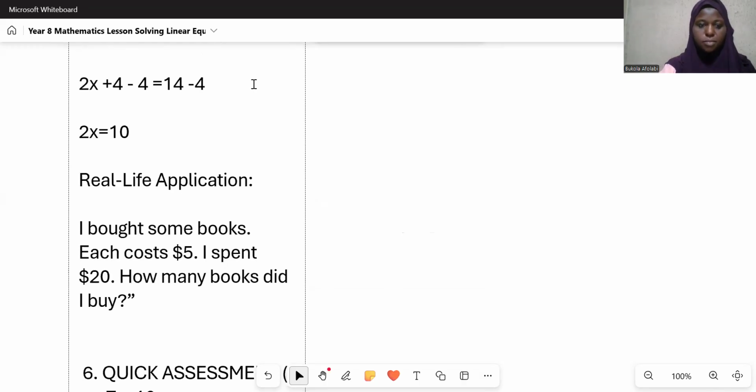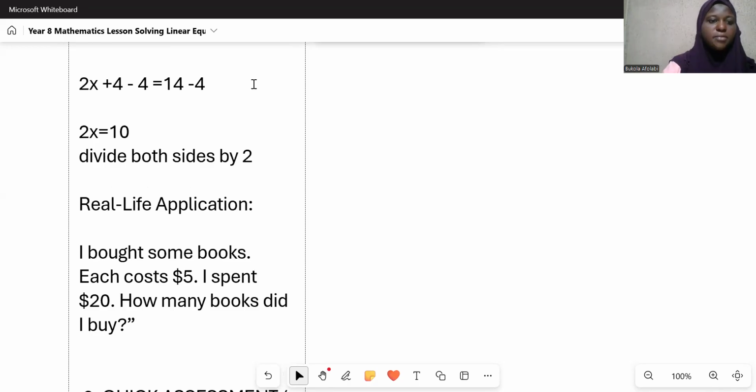So divide both sides by 2. We have 2x divided by 2 equals 10 divided by 2.